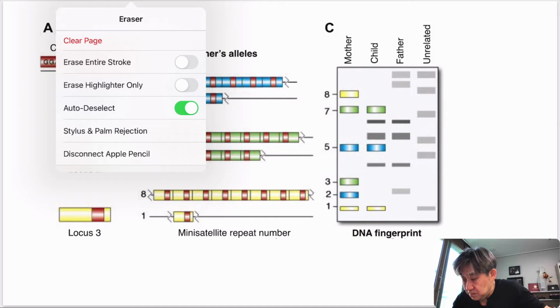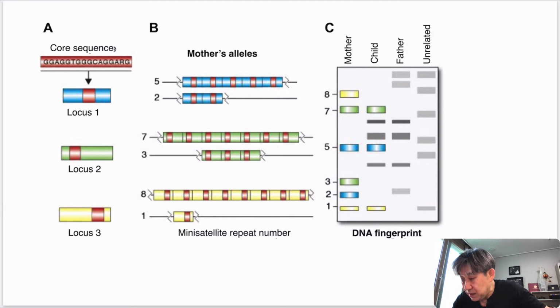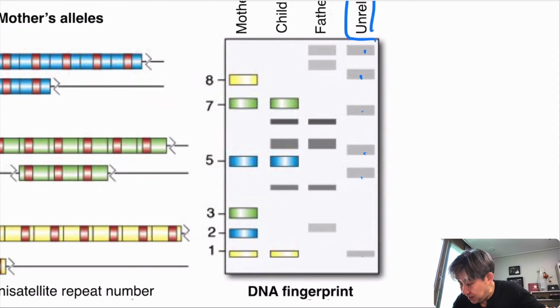However, if this child is not actually the one related with this mother and father's marriage, like an unrelated case, this pattern will not match either one of these half of the mother or father's pattern. And that's how you can distinguish.